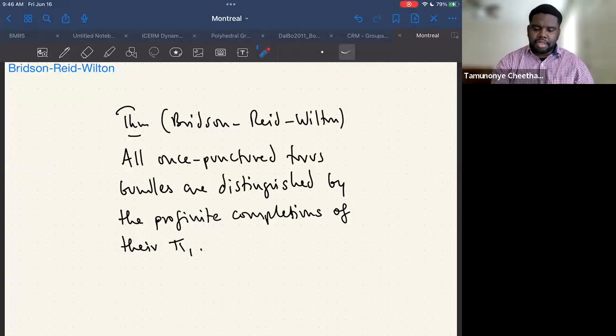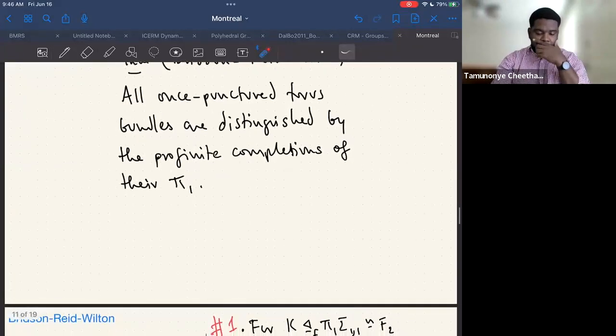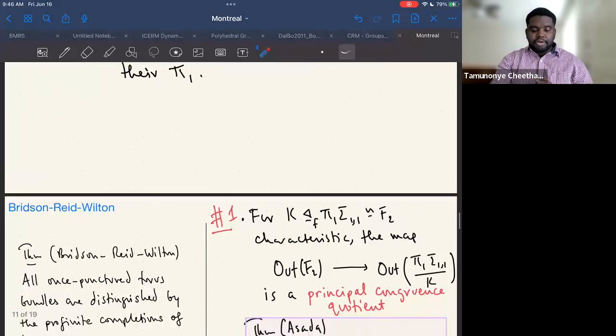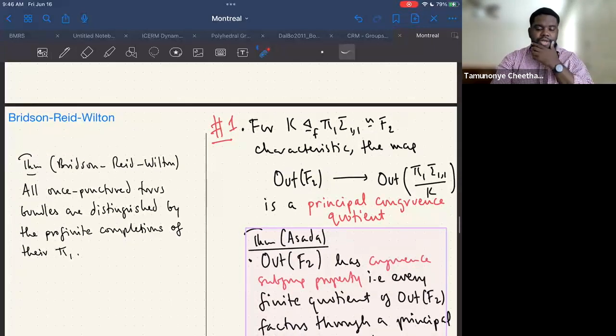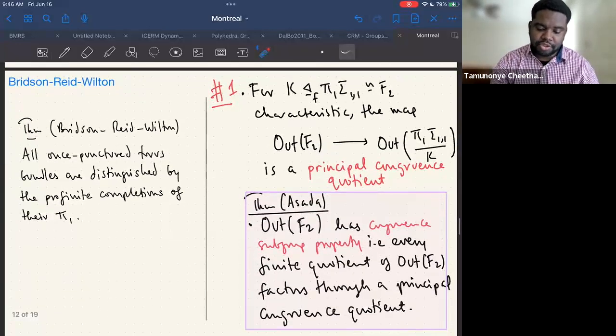And I want to talk a bit about this result because it's building on the main theorem, combined a lot with work of Liu. So what's the idea that Bridson-Reid-Wilton use? In particular, they use two properties of the mapping class group.